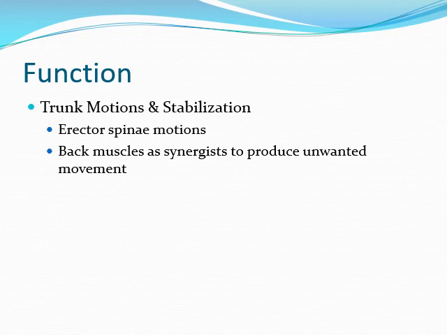So for instance, we saw a little bit of this when we were talking about the wrist and hand, but when you just want to rotate your trunk, we know that we have the external abdominal obliques and the internal abdominal obliques working, but the erector spinae is also going to work to prevent flexion, because think about it, if the erector spinae didn't kick in when all you wanted to do was rotate your trunk, what would happen? You would end up flexing, because the external oblique has a little bit more trunk flexion than the internal, but you would get some flexion of your trunk taking place.